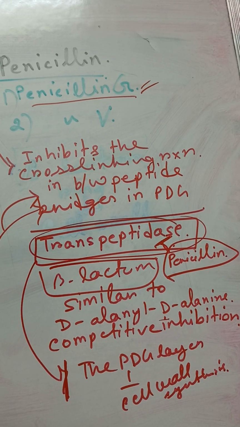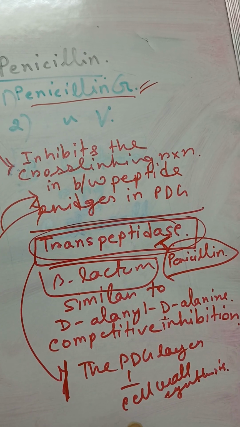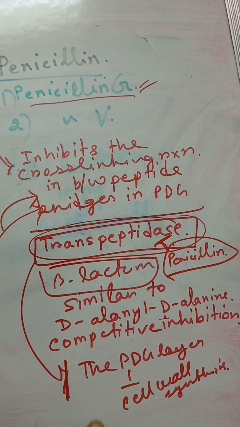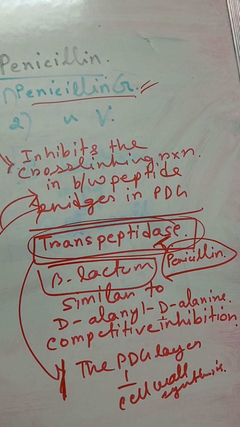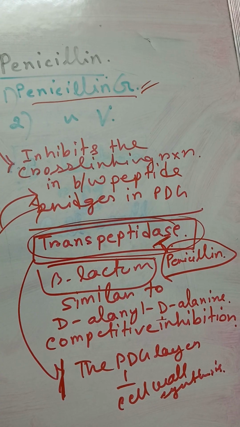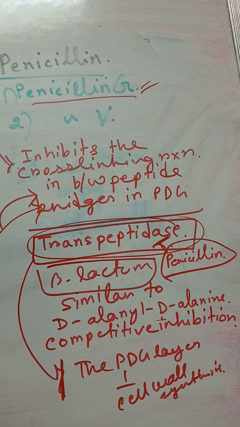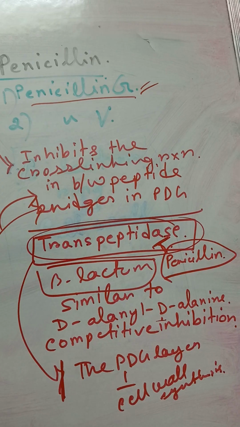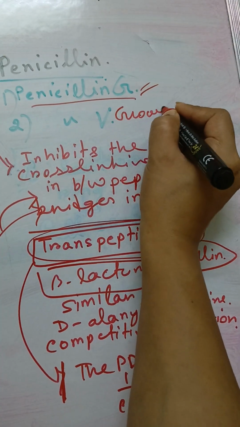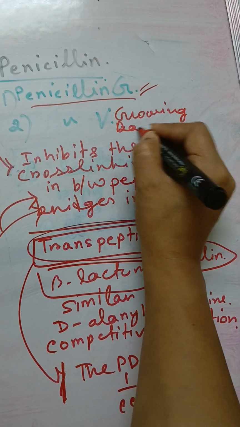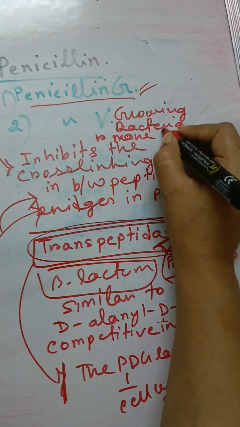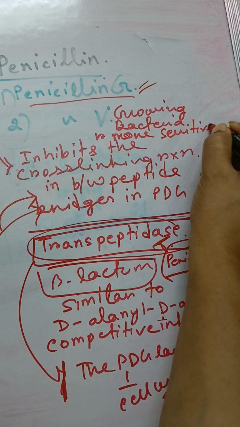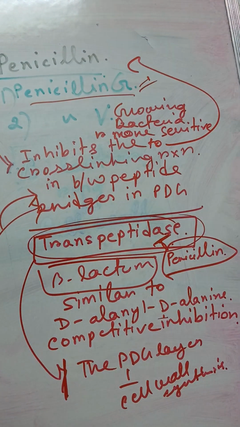Penicillin will act on those bacteria very well, because once the cell wall synthesis has been completed, in case of fully grown bacteria, penicillin will not work as efficiently as it will work on the growing bacteria. So please keep it in mind that growing bacteria rather than fully grown bacteria are more sensitive to penicillin.